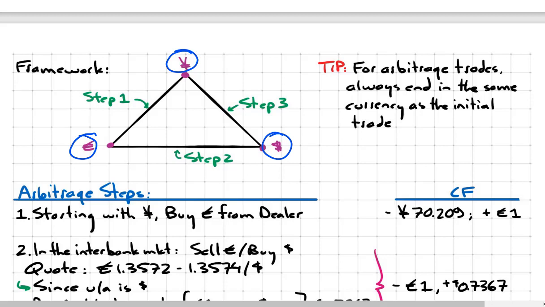And so I'm going to take you through it step by step. And the other thing we have to remember is, for arbitrage trades, we always end in the same currency that we started with. So if we started with euros, then we have to end in euros so that we can measure our profit in the same currency.